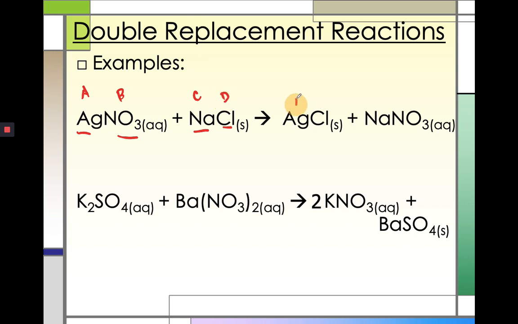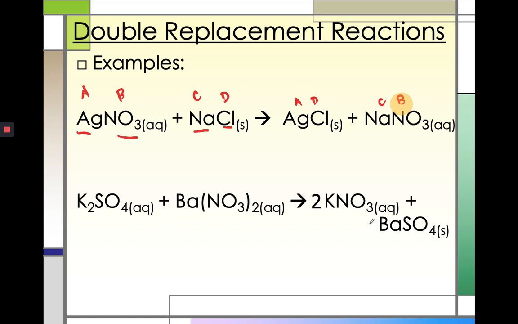So this one becomes now AD, and then sodium C and B. Alright, so there is an exchange of partners. In here, potassium sulfate and barium nitrate give you, with the same exchange of partners, potassium nitrate and barium sulfate.